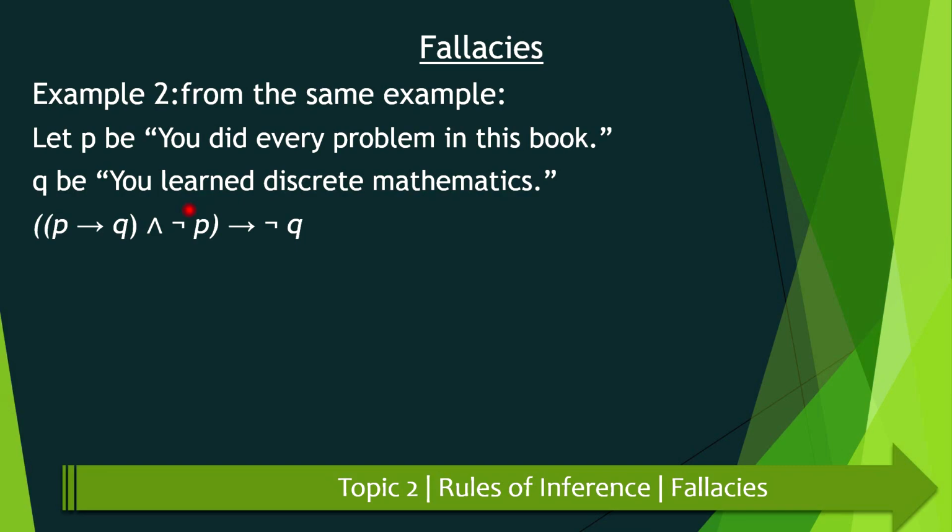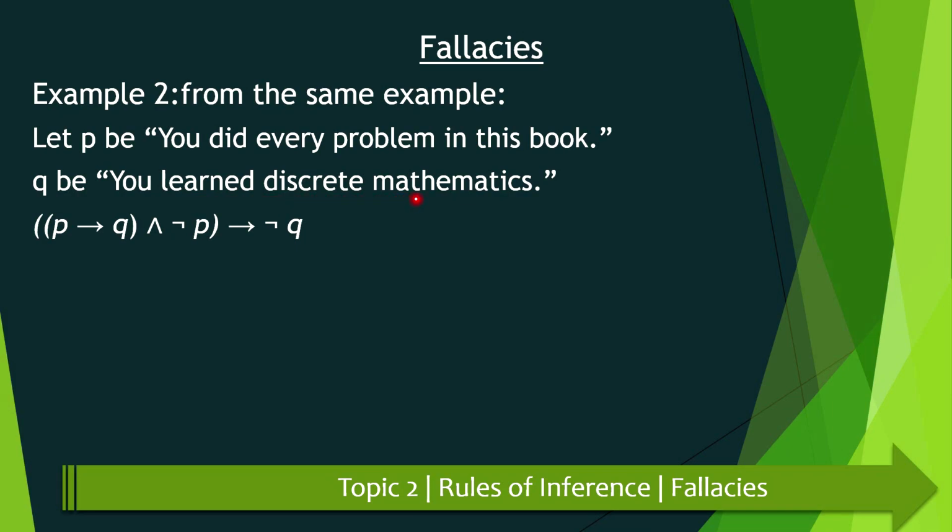So, on this statement, it will become: you did every problem in this book, then you learn discrete mathematics. And you did not do every problem in this book, then you did not learn discrete mathematics.